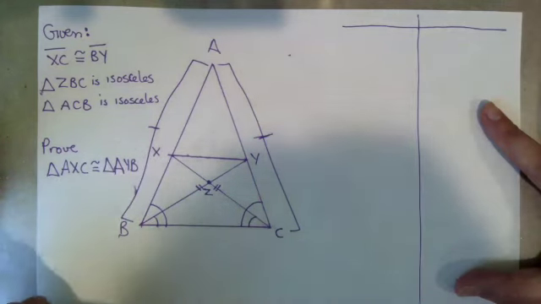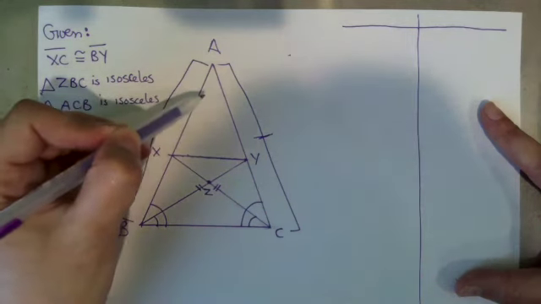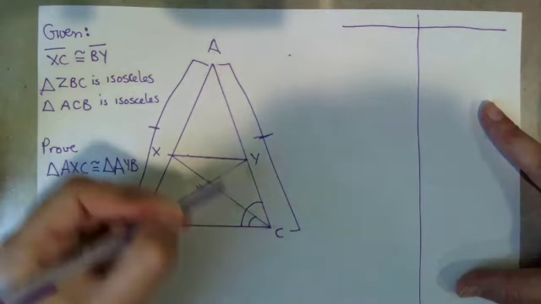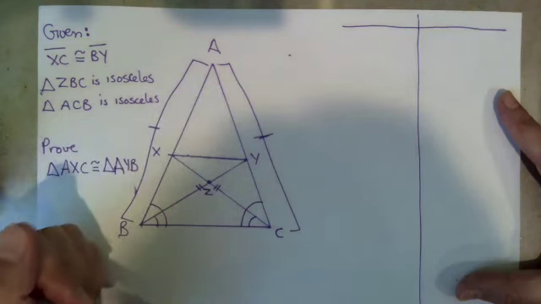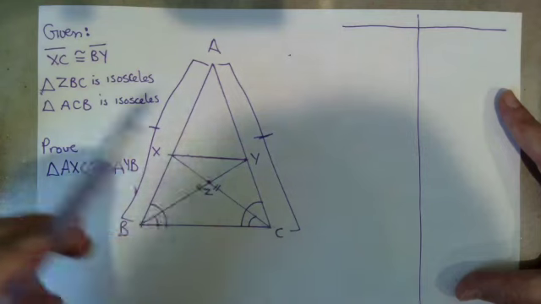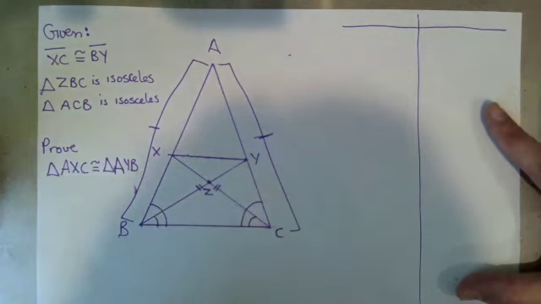And we also already know an angle, because angle A is involved in both triangles. So we have angle, side, and we either need another side, or we need another angle. Is anybody seeing it?